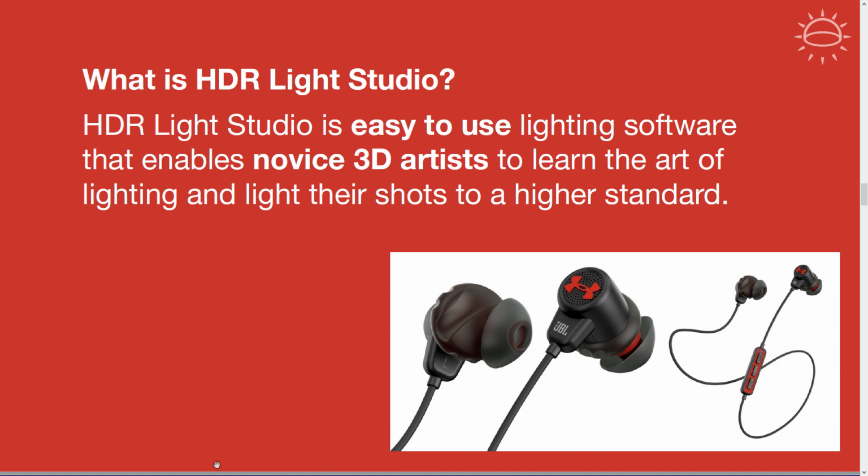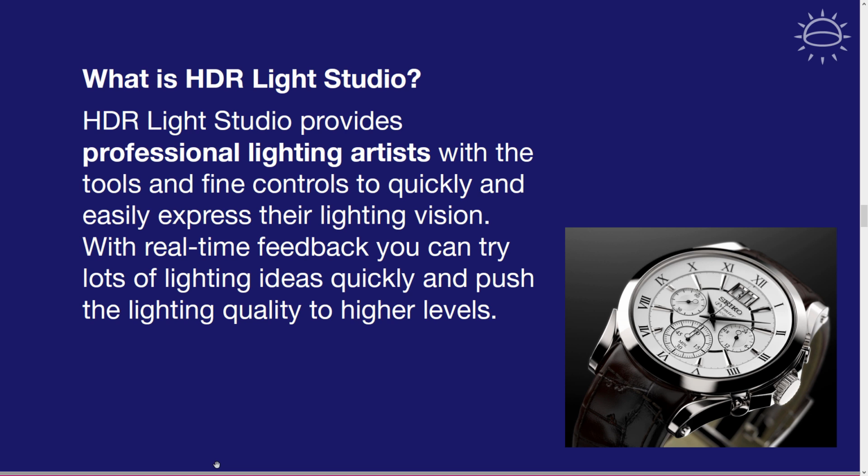So it's great for people who don't really know how to light very well yet. But also, HDR Light Studio provides professional lighting artists with the tools and fine controls to quickly and easily express their lighting vision. With real-time feedback, you can try out lots of different lighting ideas quickly and push the quality of your lighting to higher levels.